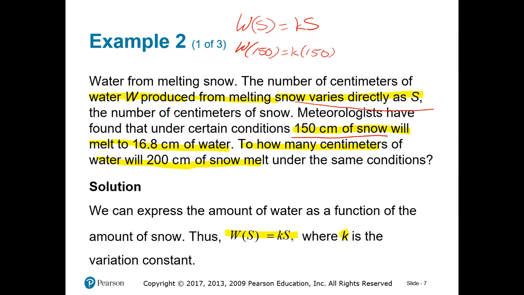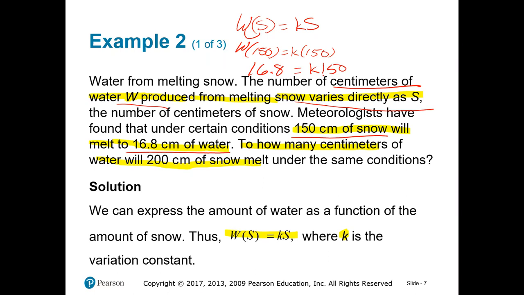And W was the centimeters of water produced by the melting snow, and they told us that was 16.8. So I'm going to rewrite this one more time, because W of S is just W. This is going to be written as 16.8 equals k of 150. Now, I want to solve for k.